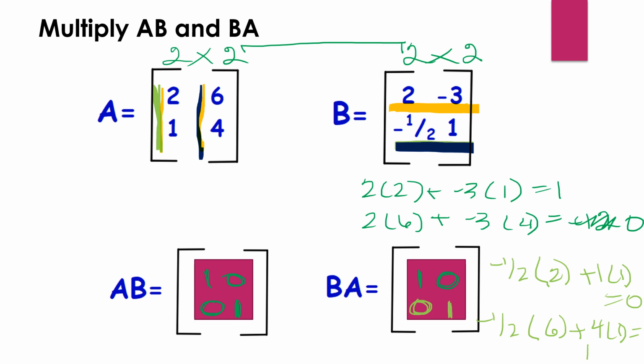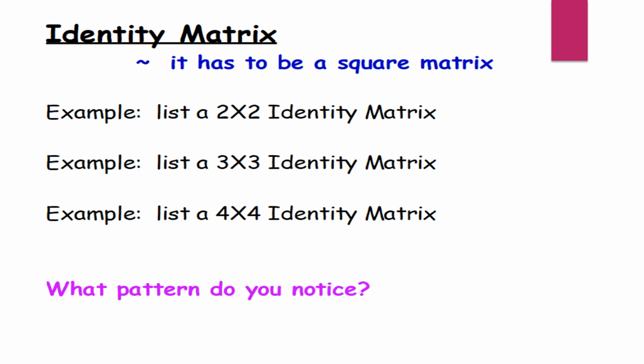Okay, so you notice in this case when we multiplied A times B or B times A, it didn't matter. We got the exact same elements in each of them. All right, so in our last slide, when we multiplied A times B and B times A, those two matrices, we actually determined the identity matrix for a 2 by 2 matrix.